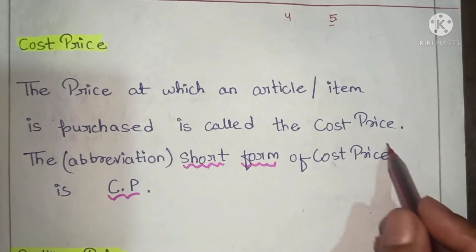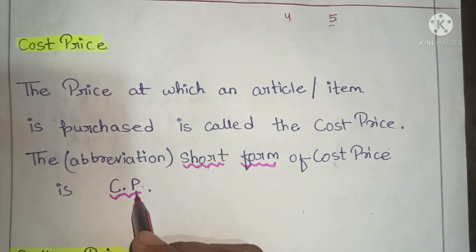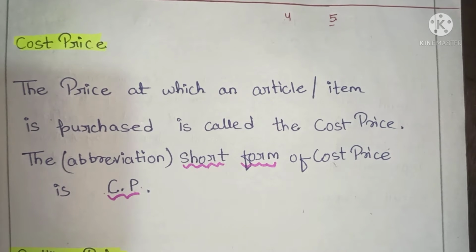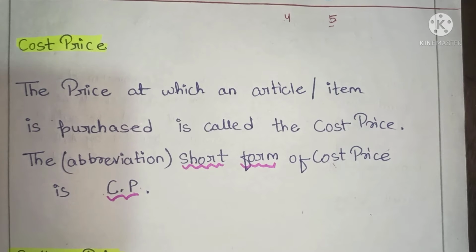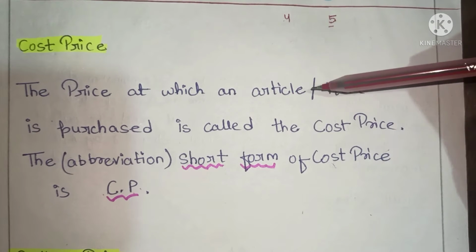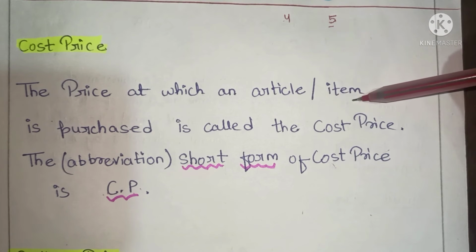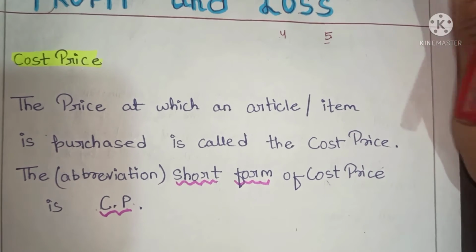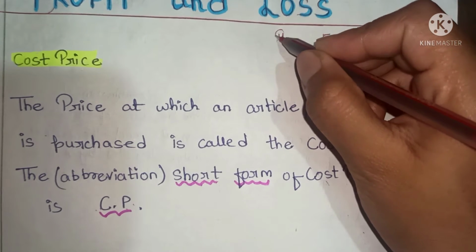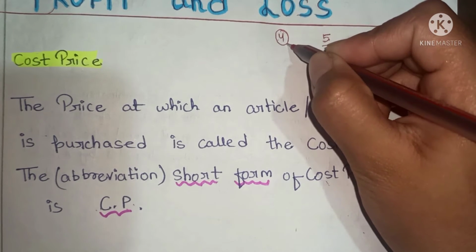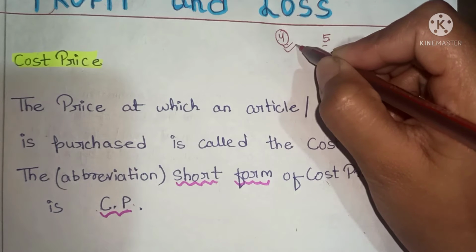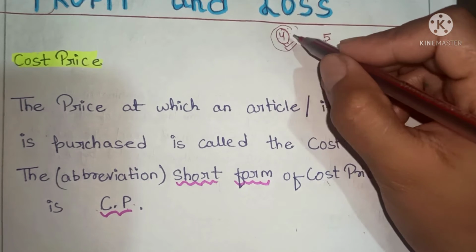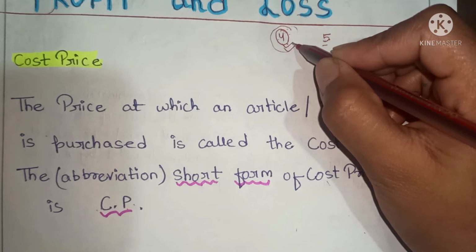So we can write cost price as CP, capital C, capital P. The price at which the shopkeeper purchased the goods, the item to sell, is called the cost price. So here in this example, the shopkeeper is buying the pencil at rupees 4. So this is the cost price, CP, of the shopkeeper.